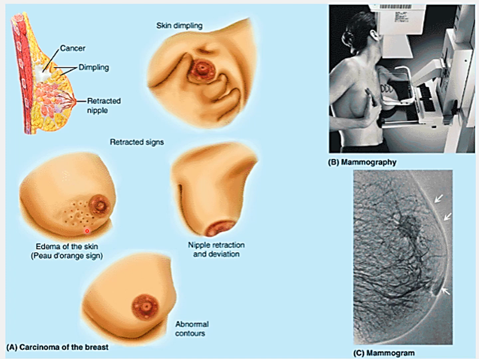If you have seen the peel of an orange, there are very minute depressions on the surface. The same appearance will be in the breast in carcinoma, and this occurs due to the edema as well as the fibrosis of the ligaments of Cooper, and this appearance is known as peau d'orange sign, or peau d'orange appearance.